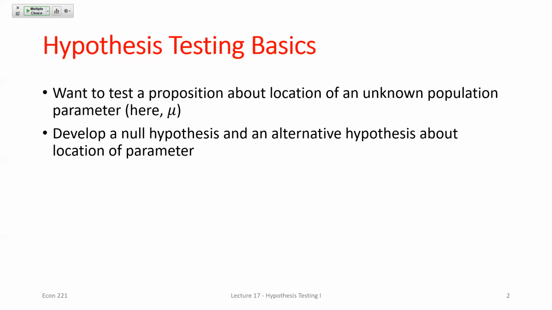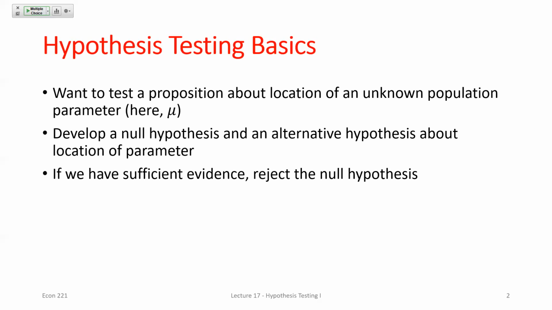The null hypothesis is what we assume is true. The alternative hypothesis will be the exact opposite. If I assume the average income in the US is greater than or equal to 50,000, I then take a sample and see that the sample mean is 40,000.